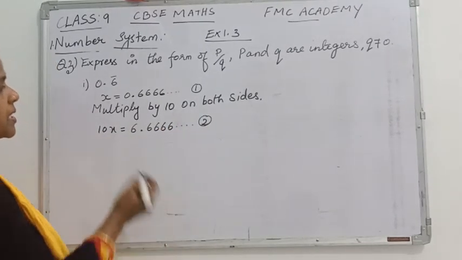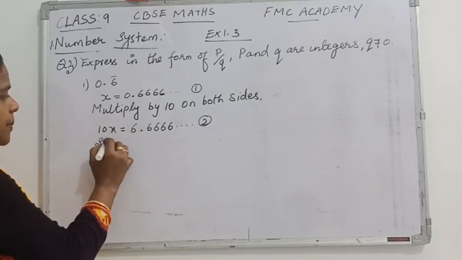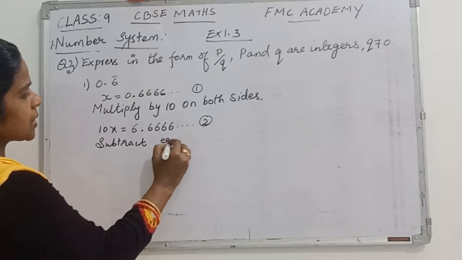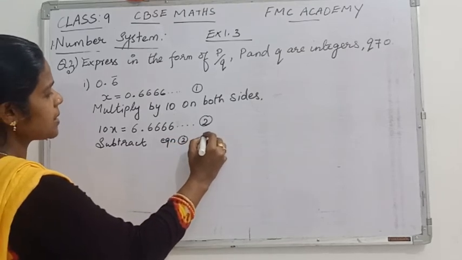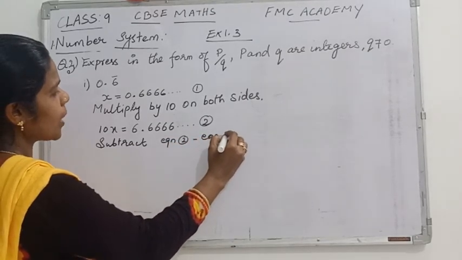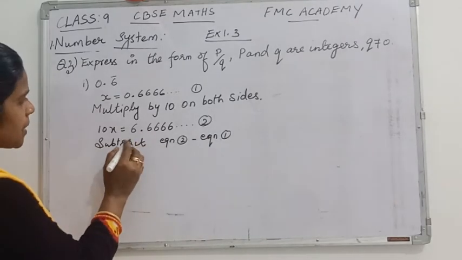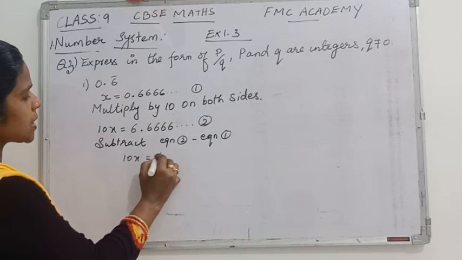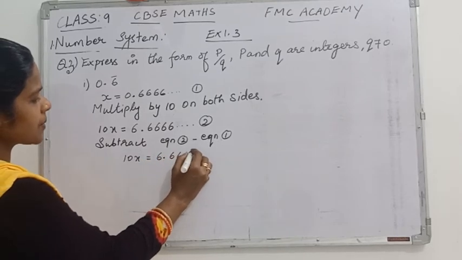The next step, subtract both the equations, equation 2 minus equation 1. Write equation number 2 first, that is 10x is equal to 6.666.